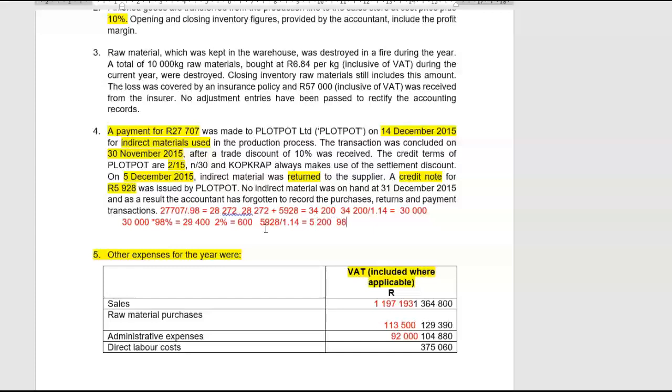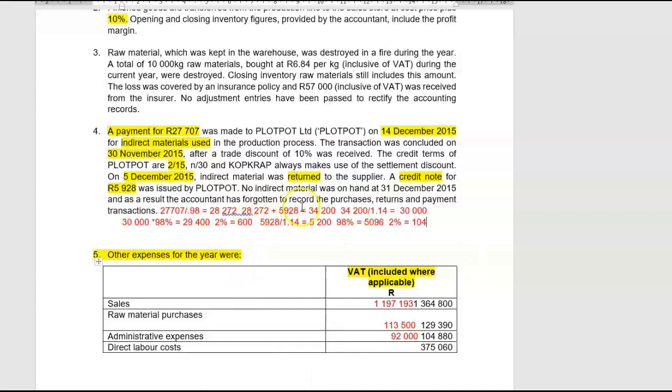And that again you have to split into 98% and 2%. So 98% equals 5,096. 2% then equals 104 Rand. And there's all your calculations that you need in order to do your journal entry.